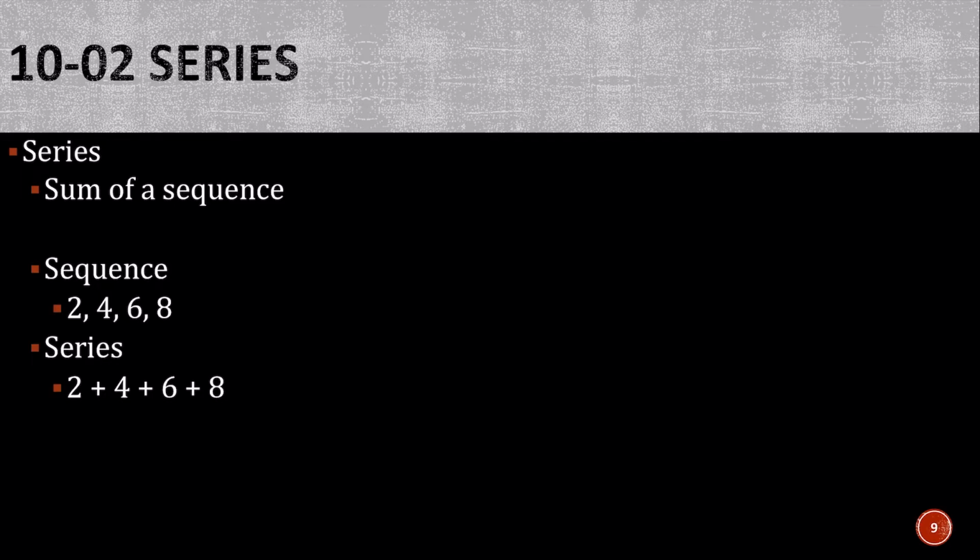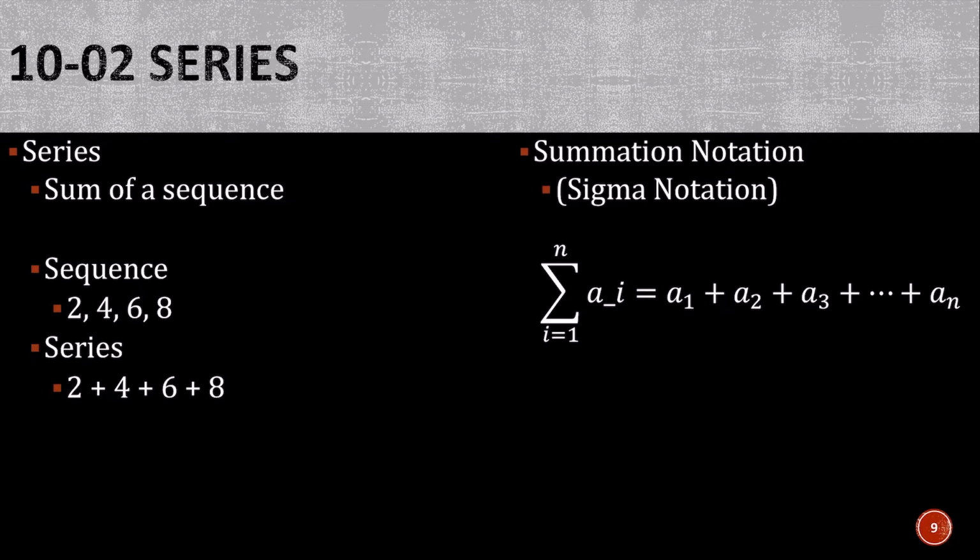So we have what's called summation notation or sigma notation, because this E-looking thing is actually the Greek letter sigma. The letter down here is called the index, and it is the variable that is changing. The number that it equals is the lower limit and is the number you start with.